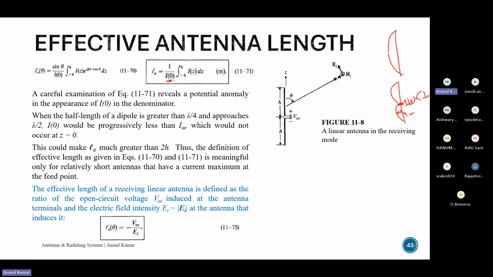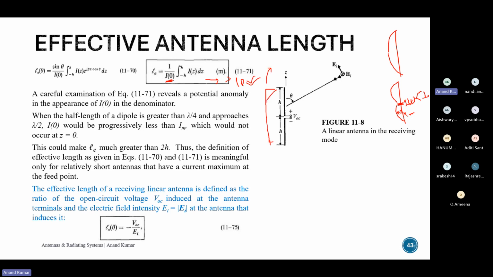So this feed value could be smaller, and this would mean the effective length is greater than the physical length, which is not true, because the effective length has to be smaller. If you had equal current distribution throughout the antenna, then you get the maximum radiation.